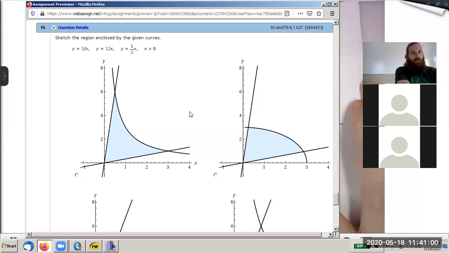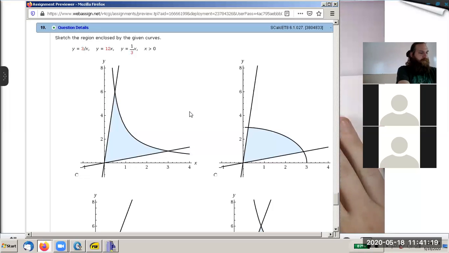We're given the curve y equals 12x and the curve y equals 1/3 x. So y equals 12x is a line through the origin with a steep slope. And then y equals 1/3 x is a line through the origin with a very shallow slope.